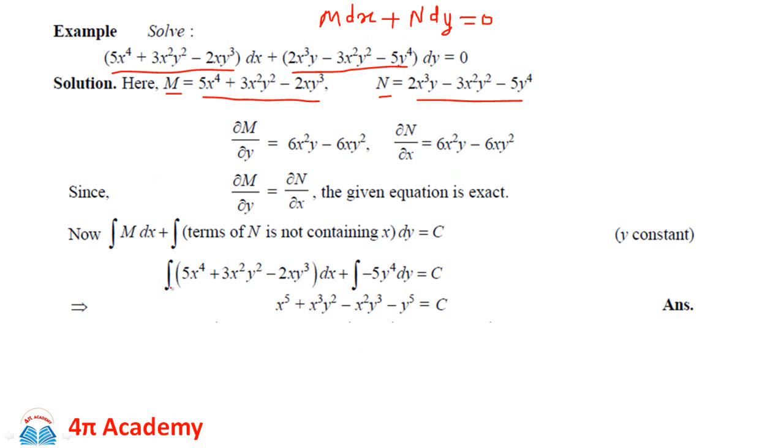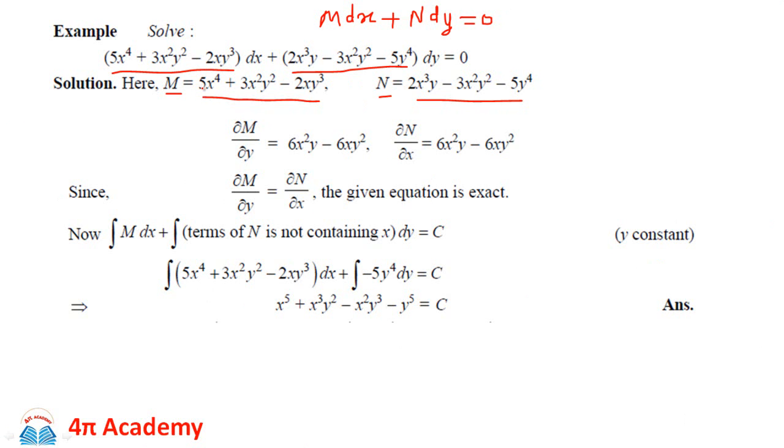First we'll test whether it is an exact differential equation or not, and for that you have to take the differential coefficient of M with respect to y by keeping x constant. For the term 5x raised to 4 the derivative will be 0.